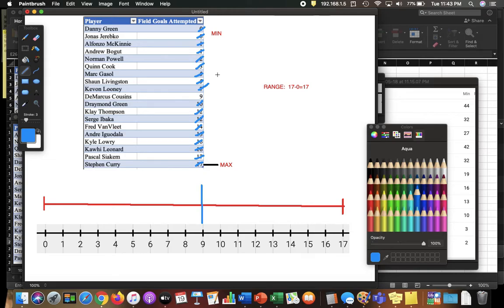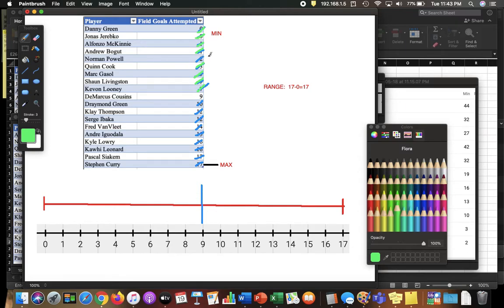Next, I need to find Q3 and Q1. That's easy. All that data in the middle, I need to find the median of that. Let me do that in green. Cross out the smallest, cross out the biggest, repeating until one remains.